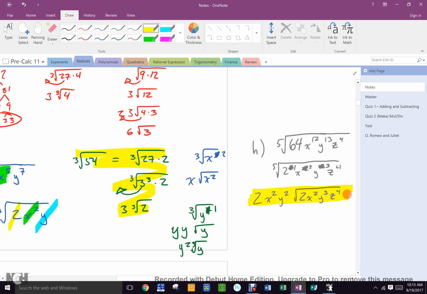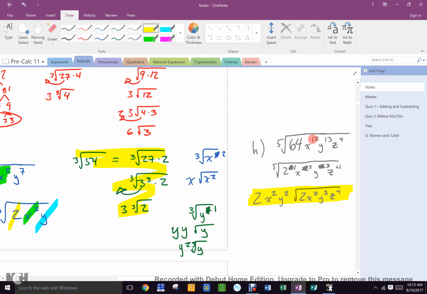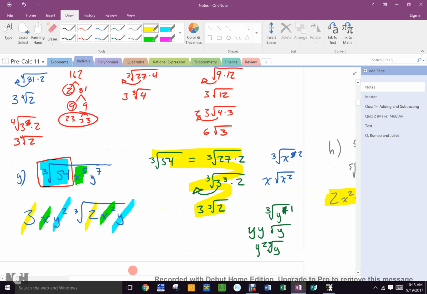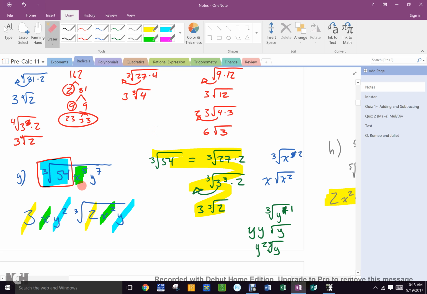Okay, now I'm going to do one other thing here to show you what is happening in case you're still stuck. But I don't want to work with this one because I made the exponents too big. So I'm going to go back and take this one right here. I'm going to see if I can erase.